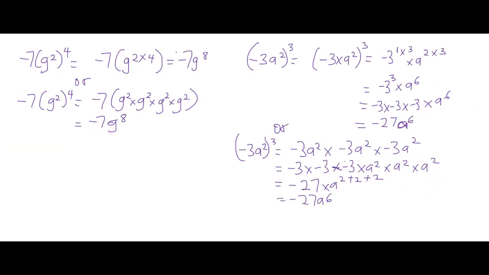So now let's go to fractional indices. I'm going to write out the laws of fractional indices, and I did that in the first video, and I'll just rewrite them here. A raised to the power of negative m over n, this will be 1 over a, all raised to the power of m over n. We also have a raised to the power of m over n, and this will now be the nth root of a, all raised to the power of m.